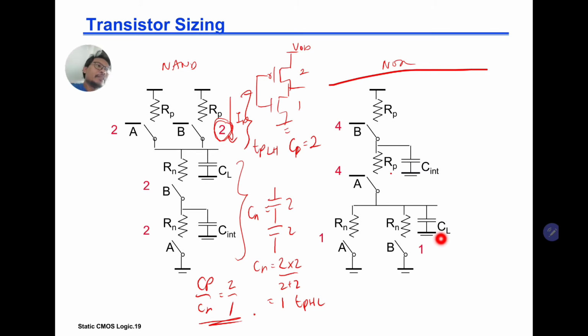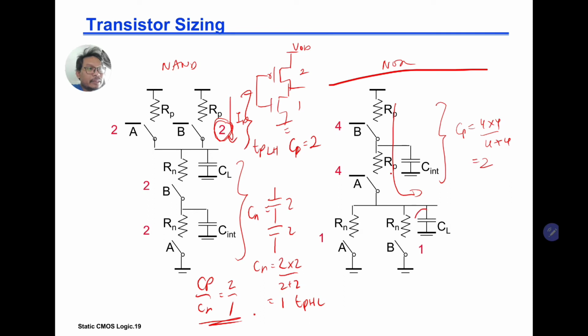Now let's look at the NOR example. In the NOR it is the same case. To charge the whole thing, the effective size CP is going to be 4 times 4 over 4 plus 4, that will be 16 over 8, equal to 2. Then here, remember, we just take the worst case.